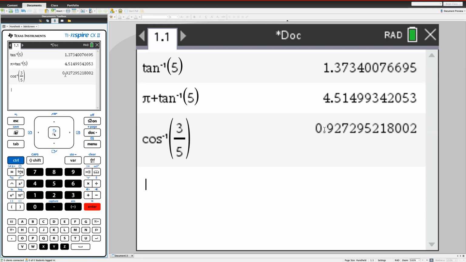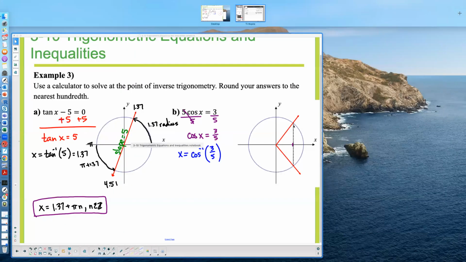Now I want you to think about the second answer without me telling you. This second answer right here. How can I get that answer? Minus. If this was 0.97 up, this is 0.97 down, which you can list it that way.